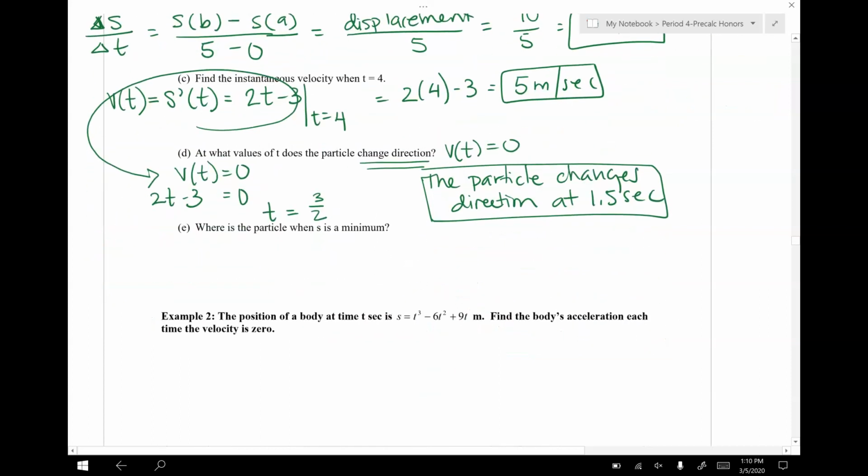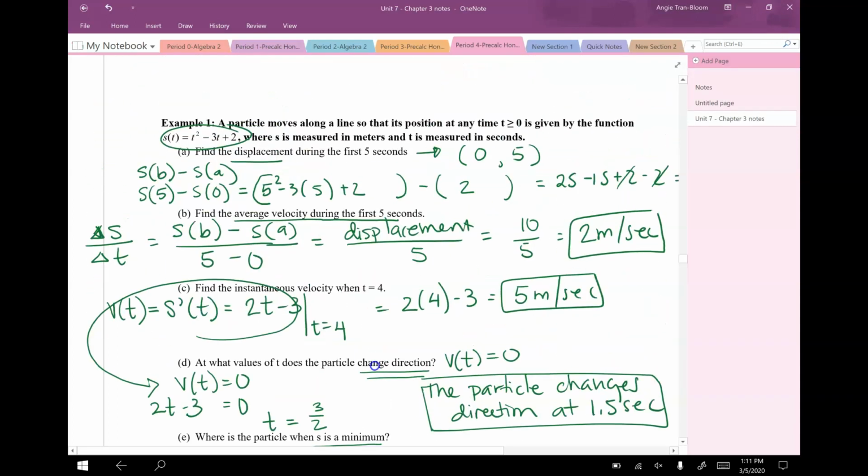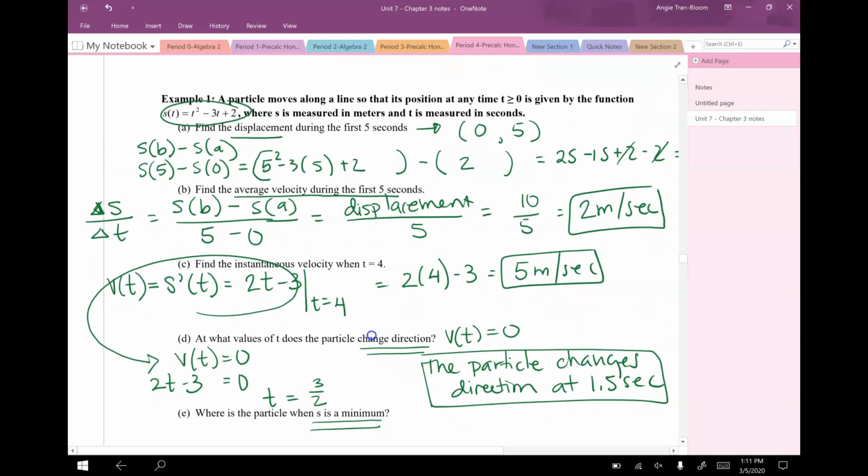E, where is the particle when s is a minimum? Okay, s is talking about the position. Minimum, remember, the position was given to you in terms of t squared minus 3t plus 2.